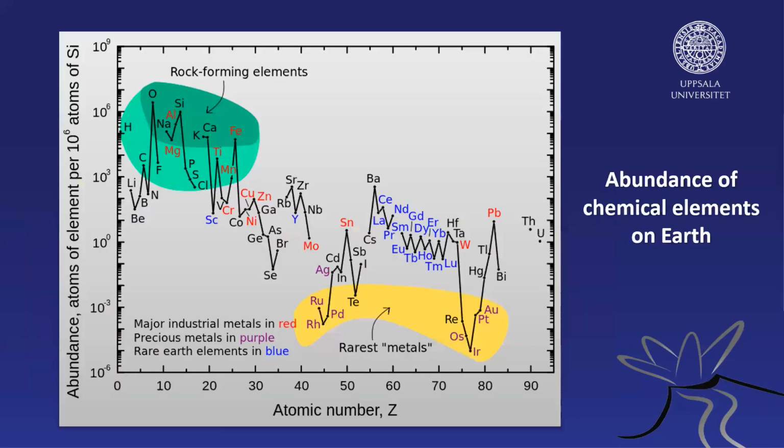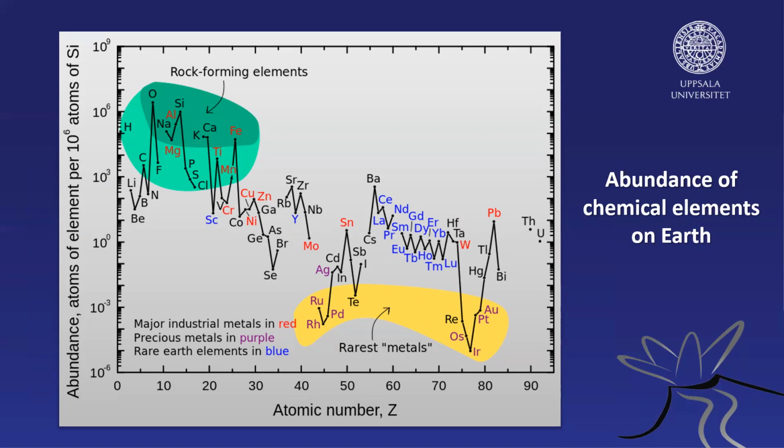Now, what we can do is to look at the actual abundance of chemical elements on Earth. In fact, this plot shows you the chemical elements of the solar system. They are sorted according to their atomic number. And here you have the abundance. In fact, it's normalized to the number of silicon atoms.